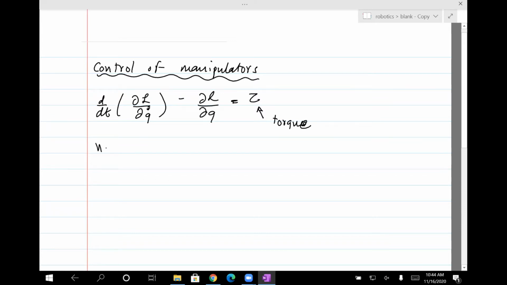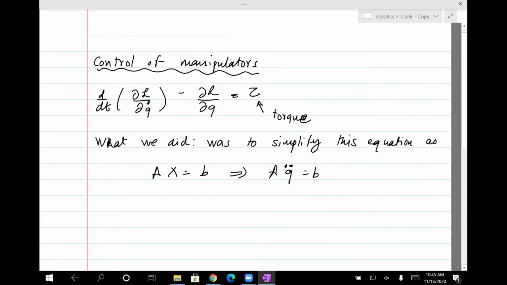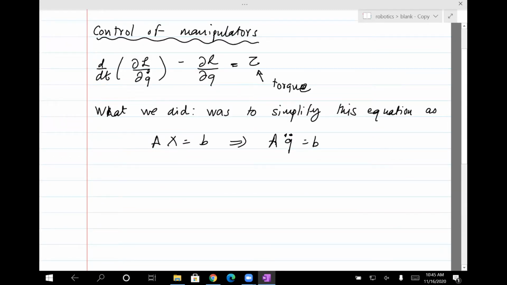What we did in the class was we took these equations and simplified them as AX equals B. And what that really is, AX is actually Q double dot, equals B. So the A times acceleration is B.